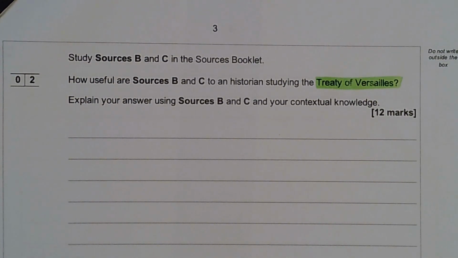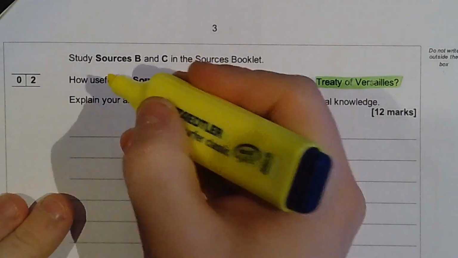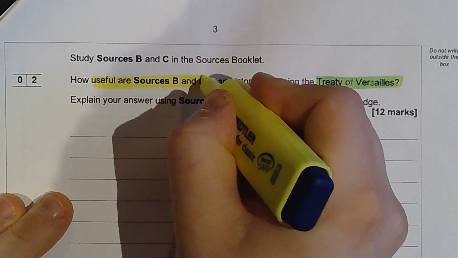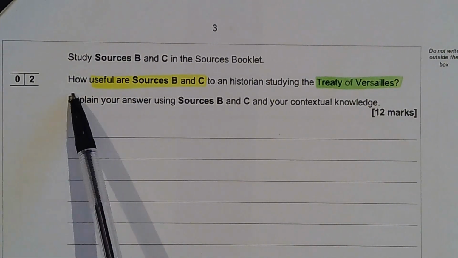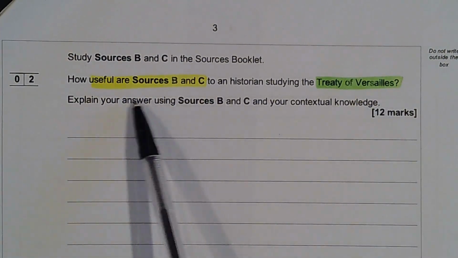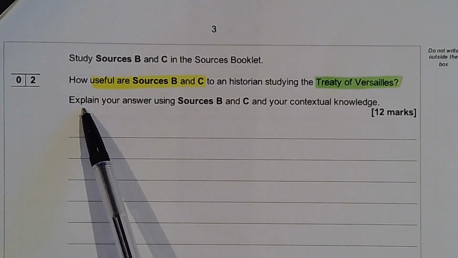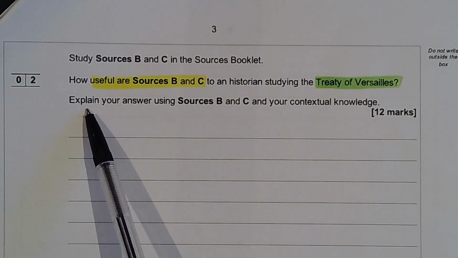And it's really clear, it's asking me how useful are sources B and C. So I know that the question's asking about the Treaty of Versailles, it's asking me to use sources B and C. Is there anything after I've analysed the question that will help me in reminding me how to structure it?